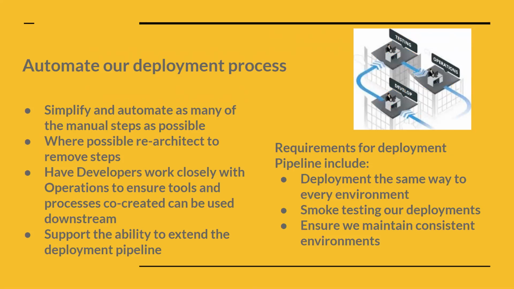Smoke testing our deployment, which refers to testing that we can connect to any supporting system during the deployment process and run single test transactions to ensure the system is performing as designed. And lastly, we have ensure we maintain consistent environments. Here we must continually ensure the environments remain synchronized.